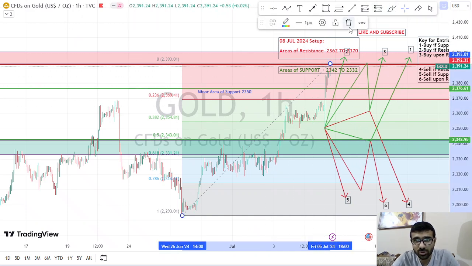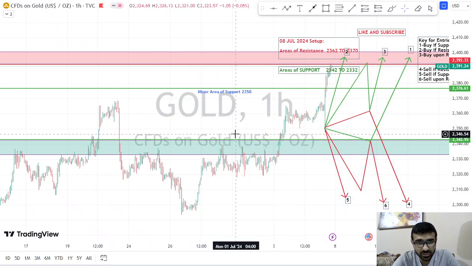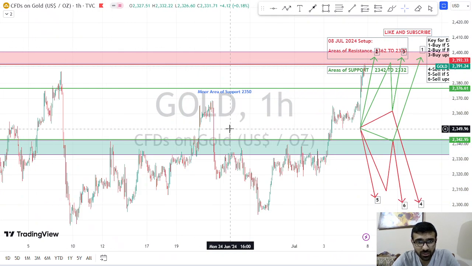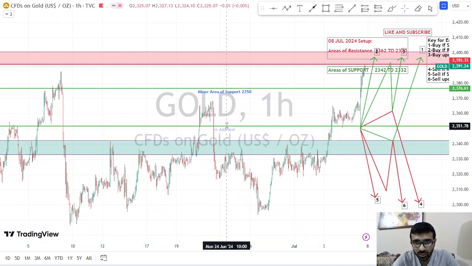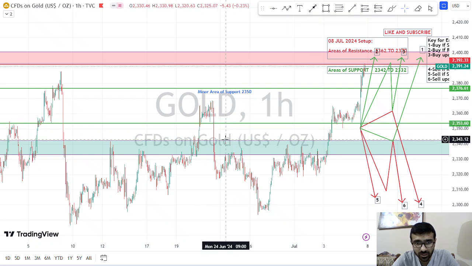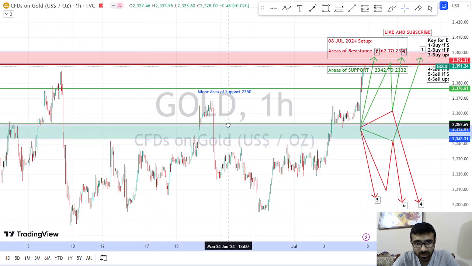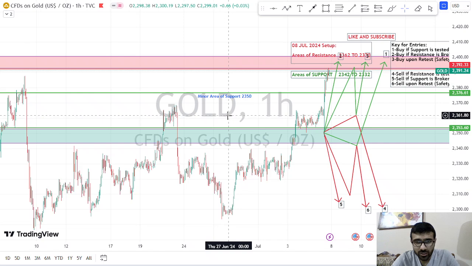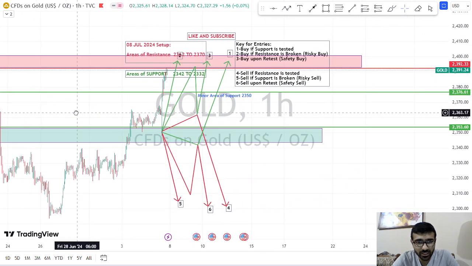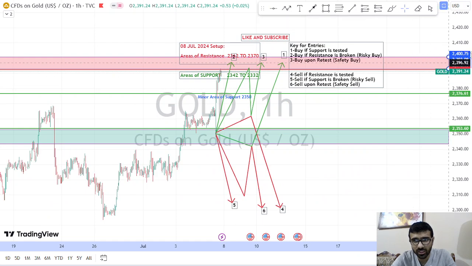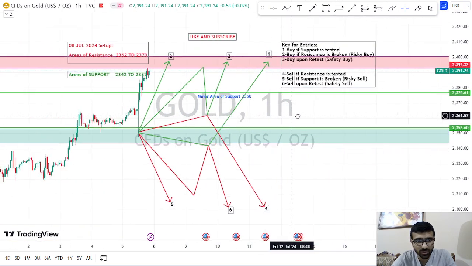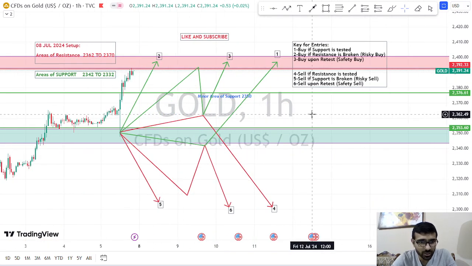Let us wait for the market's recovery as well. I have marked the minor support, so the major support will now become approximately over here. The area has expanded a little bit in terms of gold, as it was not much expanded previously, but it is expanded right now.